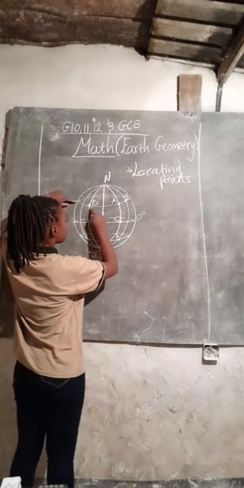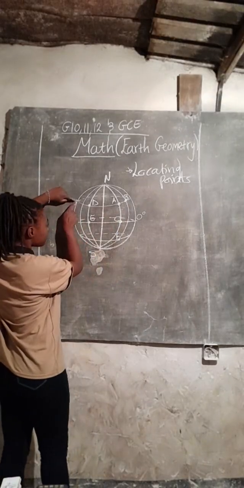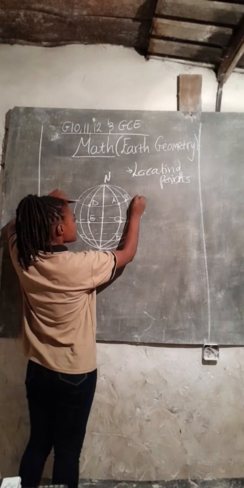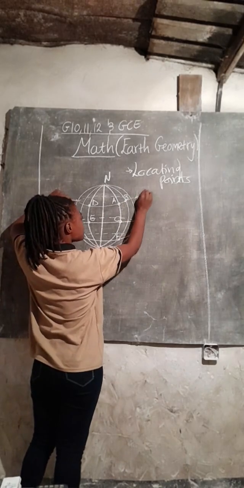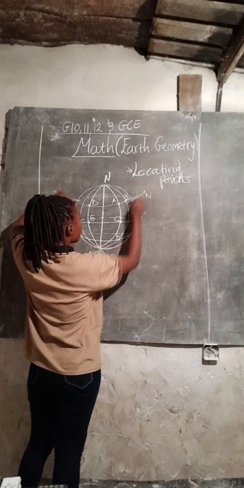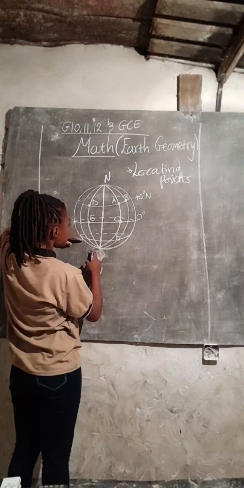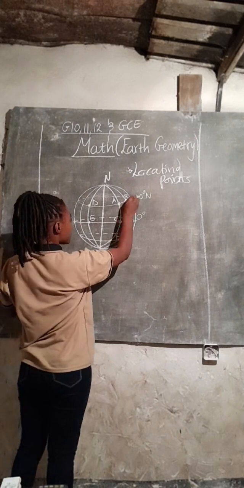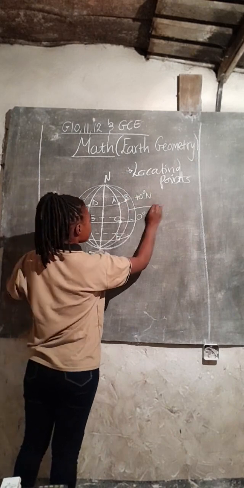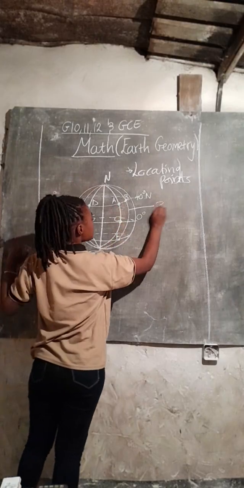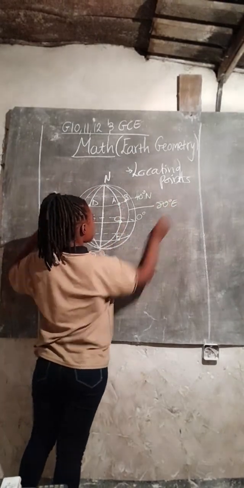So let's say this line of latitude, this one which is running from west to east, is at 40 degrees north. Why? Because it is on the northern part. Let's say this line here is at 80 degrees east.